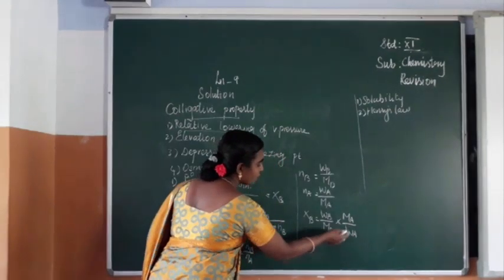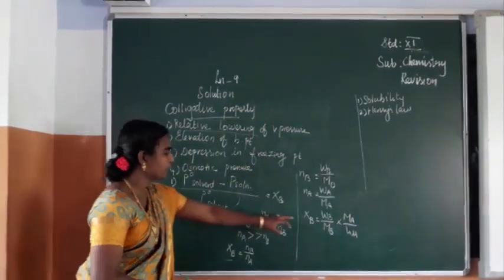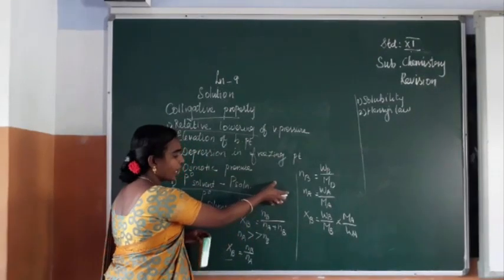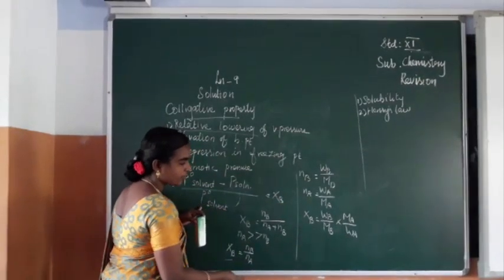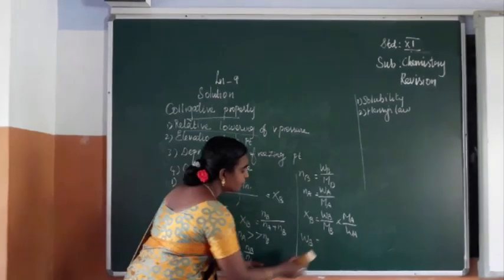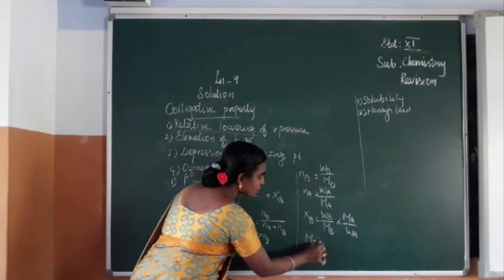So when you substitute this value in the relative lowering equation and rearrange the equation, we can find out the MB value. So MB is the molar mass of the solute.